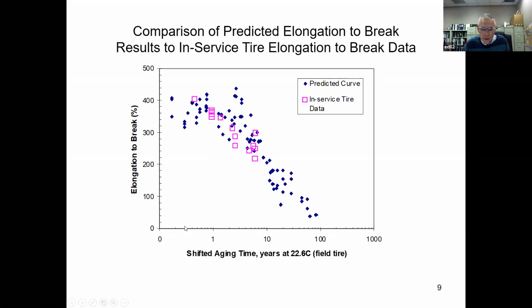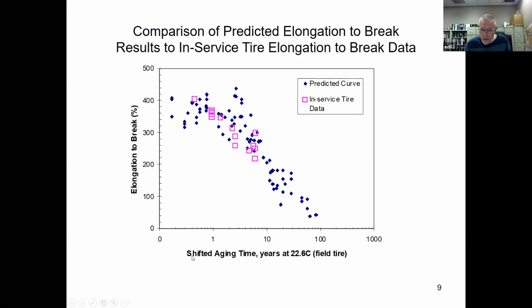So this is a 6-month-old tire that was retrieved from service, a 1-year-old tire, a 2-year-old tire, a 3-year-old tire, 4-year-old tire, 5-year-old tire, 6-year-old tire. So that's real life data. And the blue diamonds are model predictions.